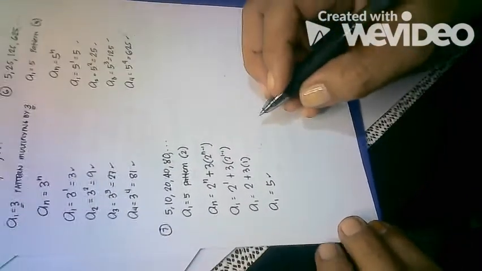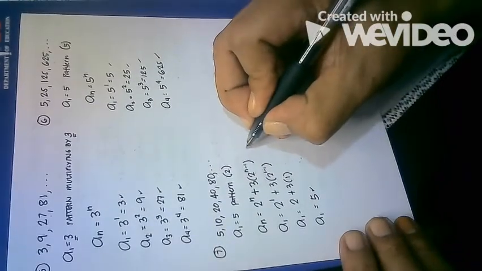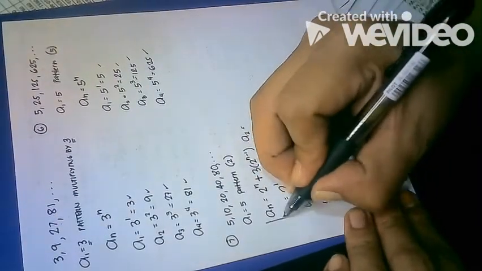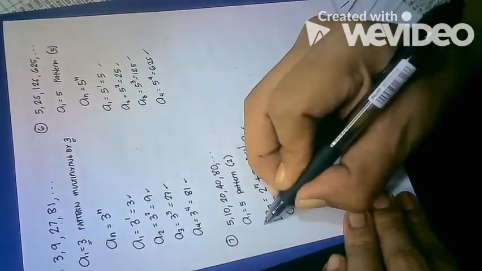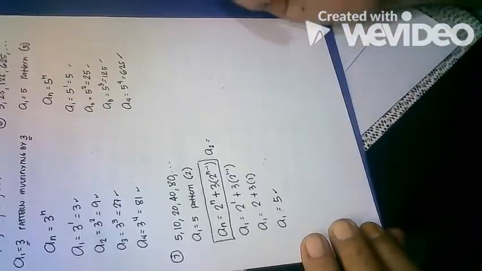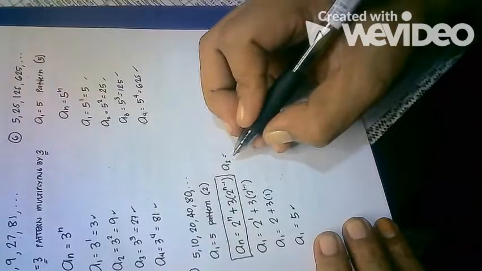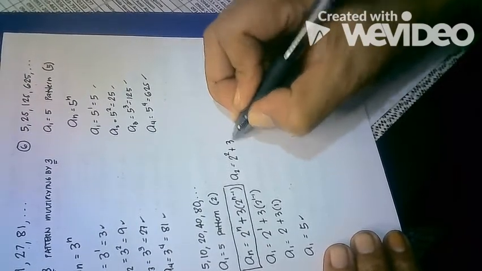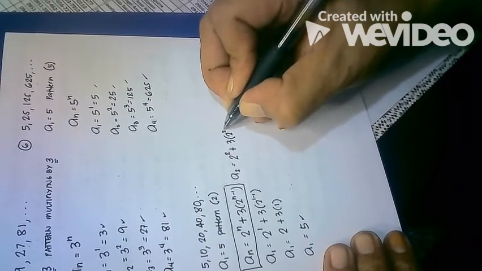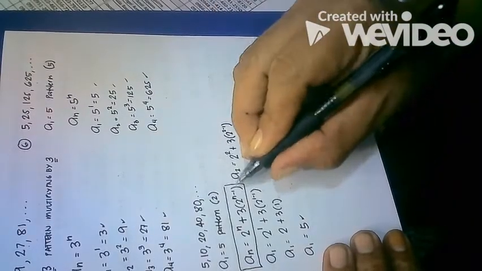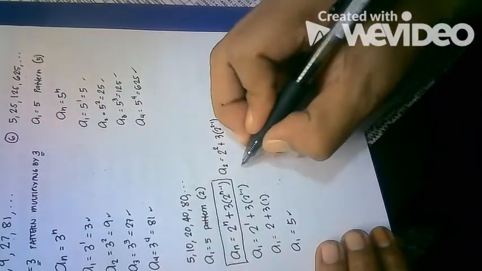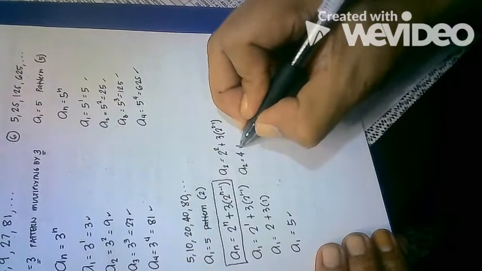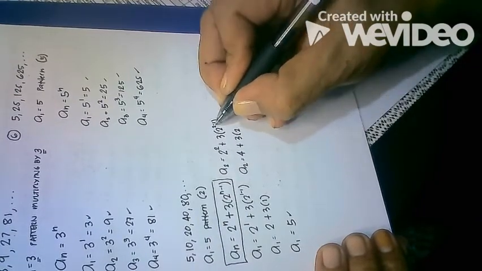Okay, so let us solve for a sub 2. So a sub 2 using this pattern. Clear? It's the formula pattern. So a sub 2 now equals 2 to the 2 plus 3 times 2 to the 2 minus 1. Your n is 2. Just substitute. So your a sub 2 now equals 2 to the 2 is 4 plus 3 times 2 to the 2 minus 1, which is 1.